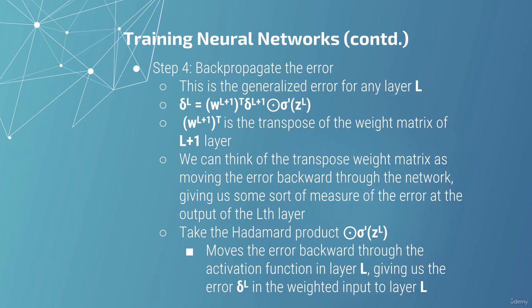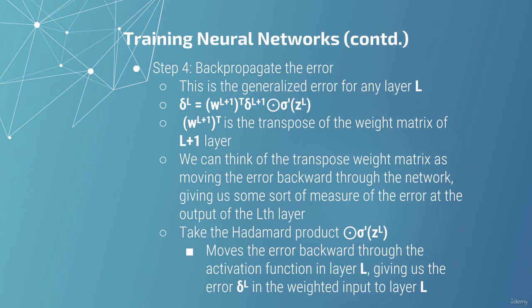The transpose weight matrix is basically moving the error backward through the network. This gives us some sort of measure of the error at the output of the layer. So we know how much to change our weights because we have a measure of the error at this specific layer.